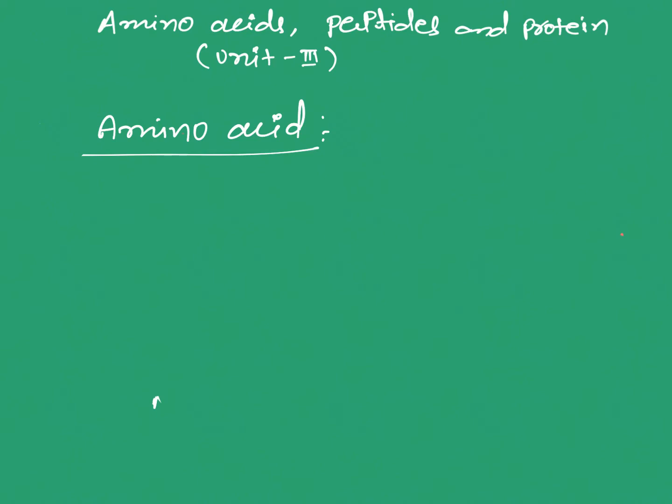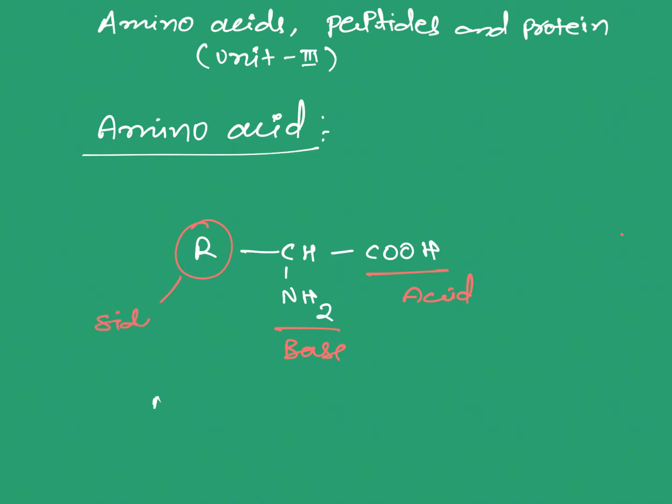General representation of an amino acid: both COOH and NH2 functional groups are attached to the same carbon, and we have R. This is the acid functionality and this is the base, NH2, and we have different side chains. This is a general representation of an alpha amino acid, and the alpha carbon has NH2 and COOH.